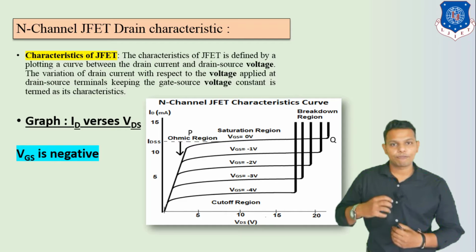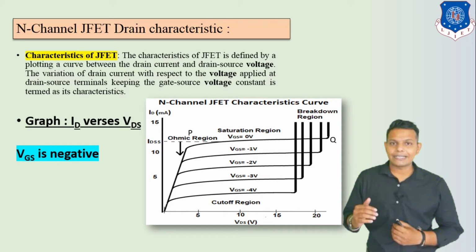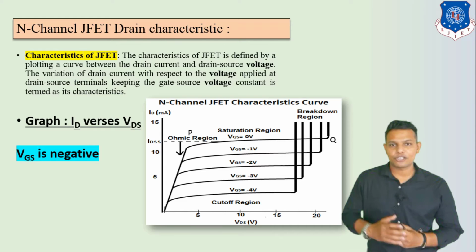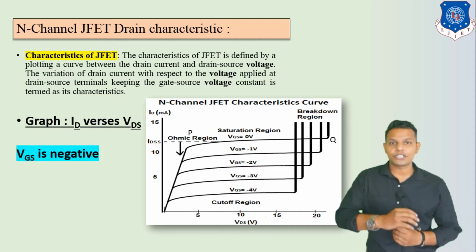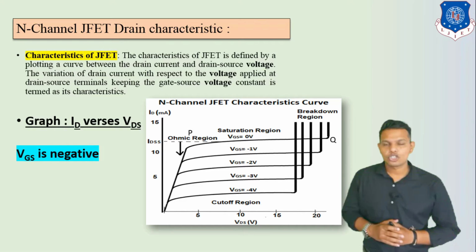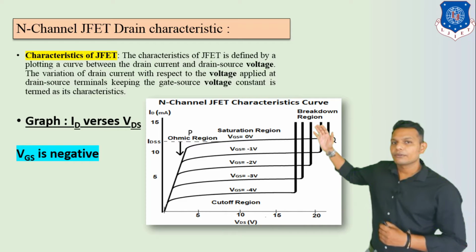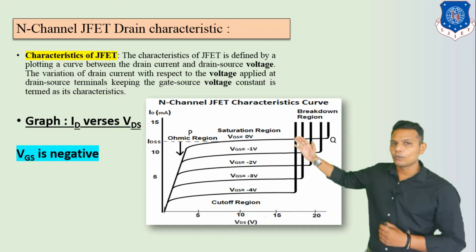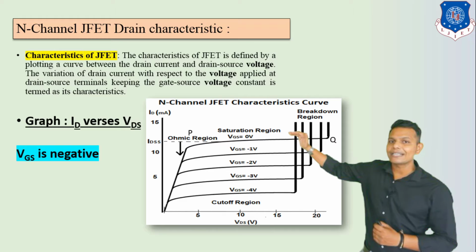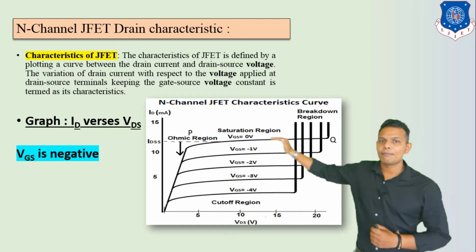That's why your flow of drain current is maximum. That means we also say ID is equal to IDSS, that means the drain to source saturation current. So it is at peak level. So here in this characteristics at VGS equal to 0, your ID is maximum.